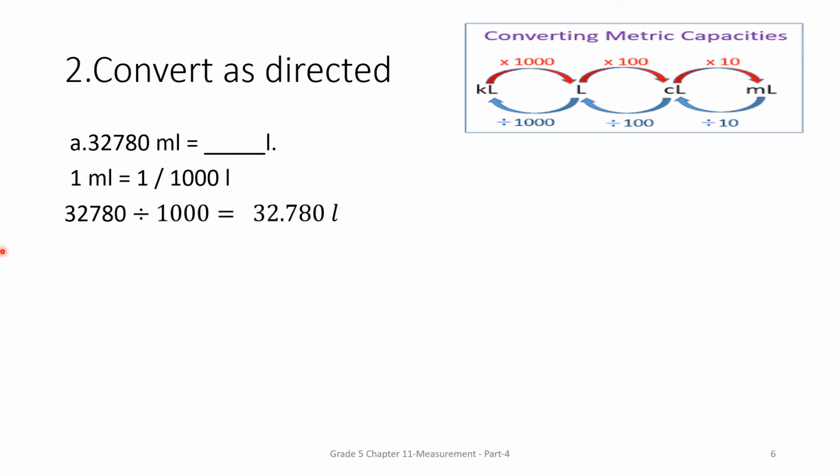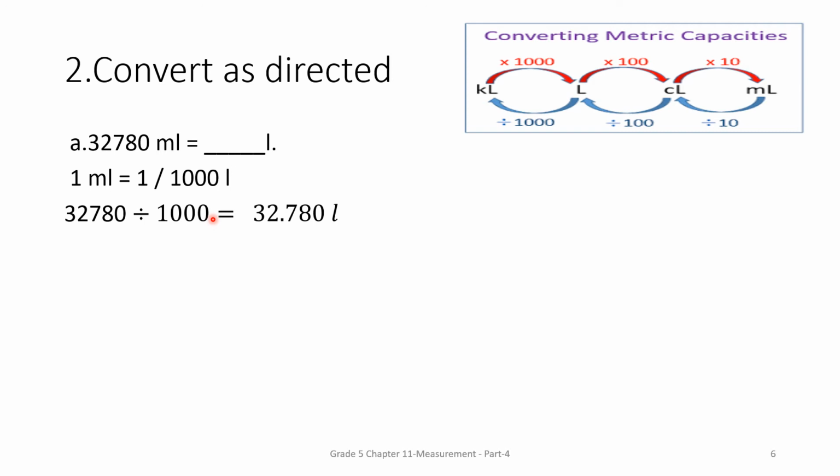Okay. Now scholars, here comes the concept of division by 1000. Yes. So for that what we need to do? First of all we need to count the number of zeros in divisor. So here we have how many zeros? Here we have 3 zeros. So what we need to do? We need to put decimal point to its left by 3 digits.